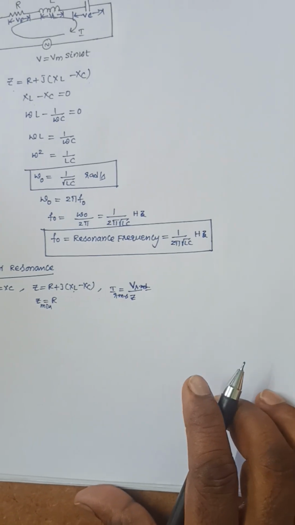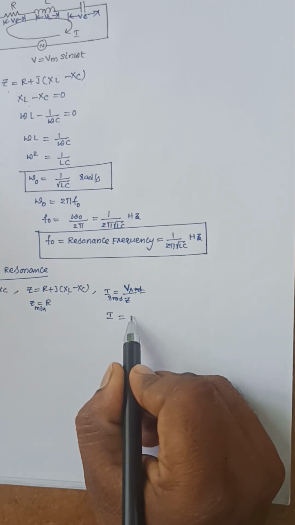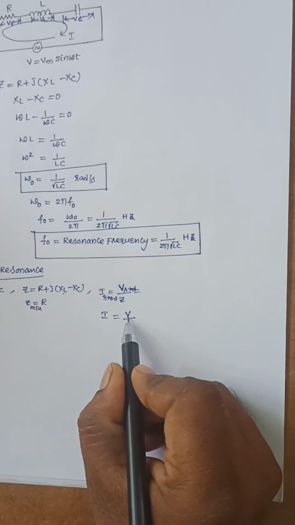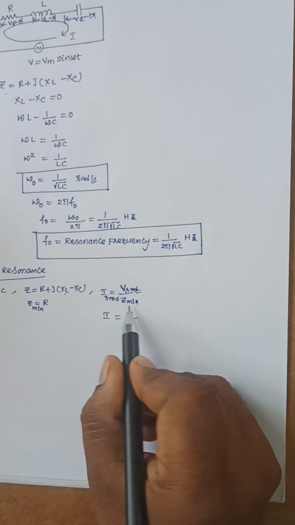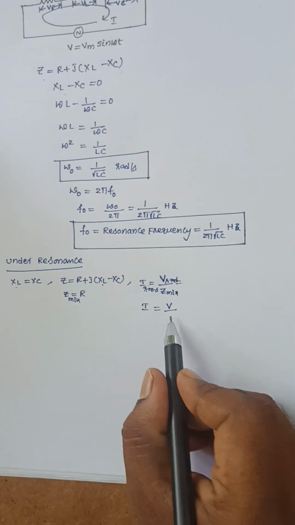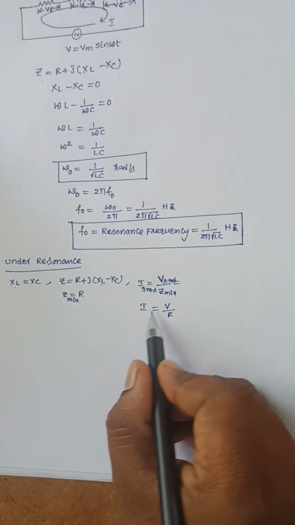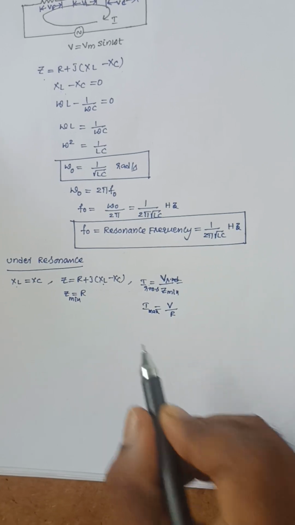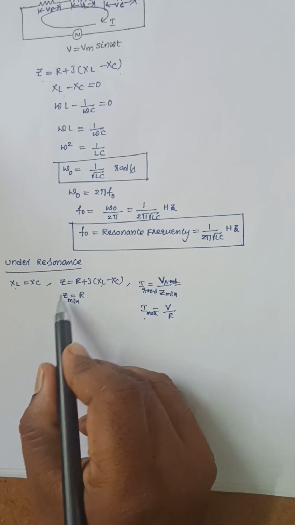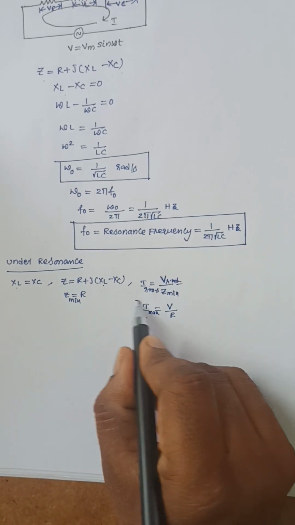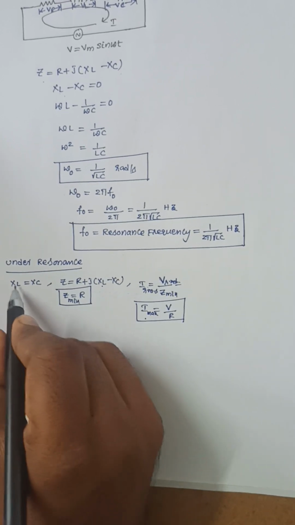Normally IRMS is represented by I and VRMS by V. Z here is the minimum value under resonance condition, Z minimum = R. So under resonance condition, the current will be maximum and the impedance minimum: I maximum = V by R, Z minimum = R, and XL = XC.